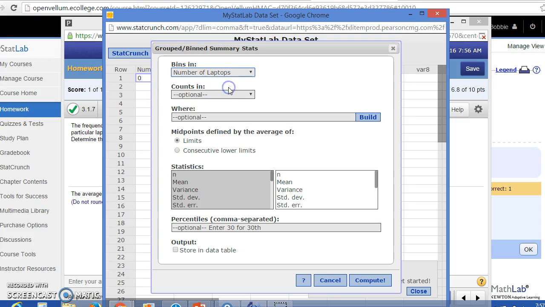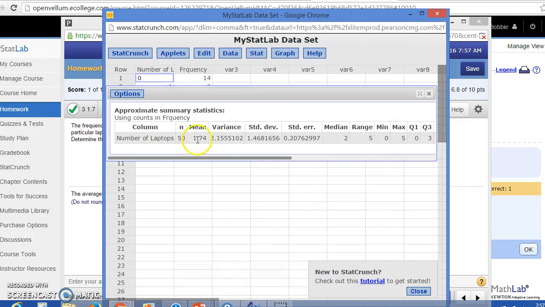You want the number of laptops, but you want to count in the frequency. Okay, so your bins are actually in your laptops. That's your information. We're going to count these in frequency. And then you can select everything if you want to, just to see. And let's compute. So the mean is 1.74.